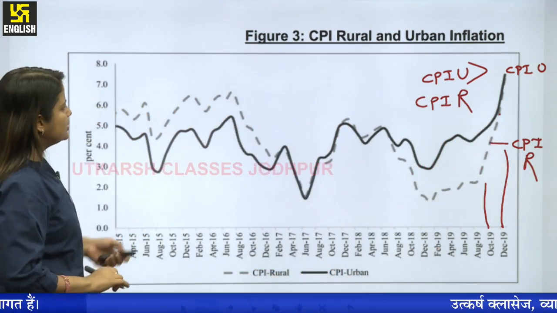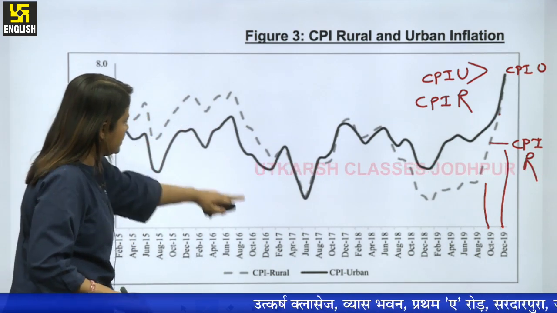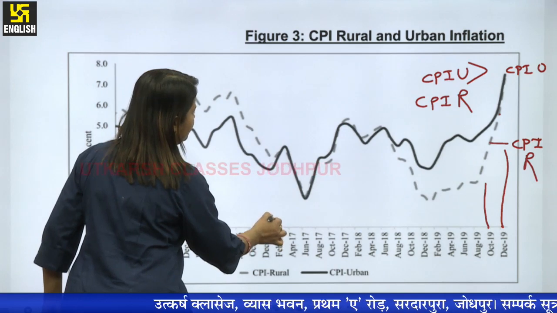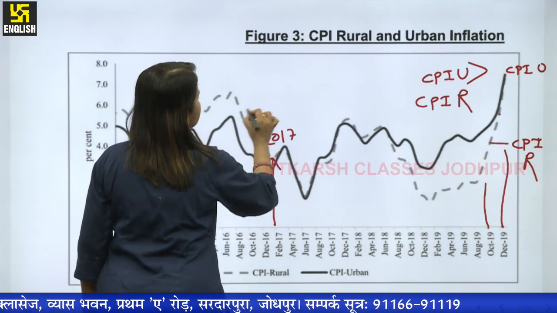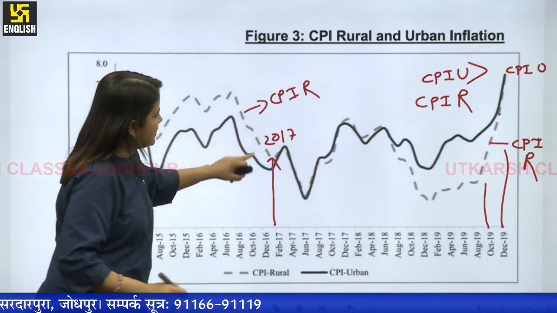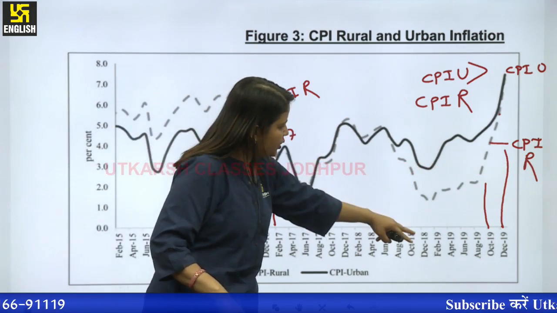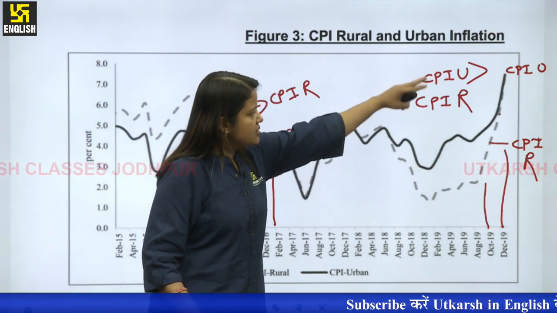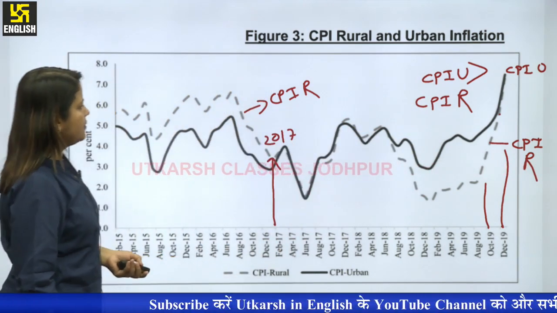Before that, from October 2016 up to February 2017, the CPI rural area was greater than the CPI urban area. But after that, during 2018-19, the CPI urban area is greater than the CPI rural area.